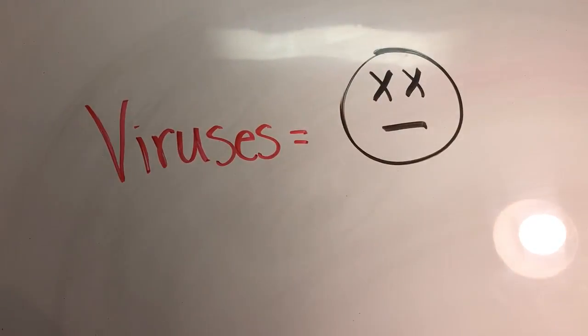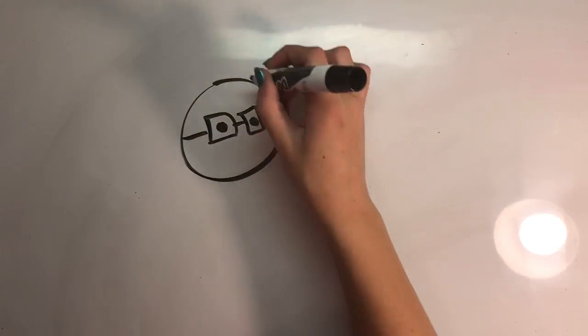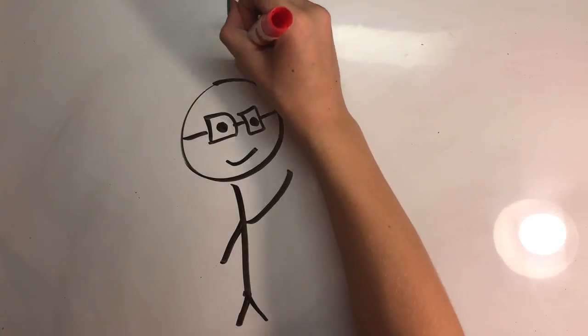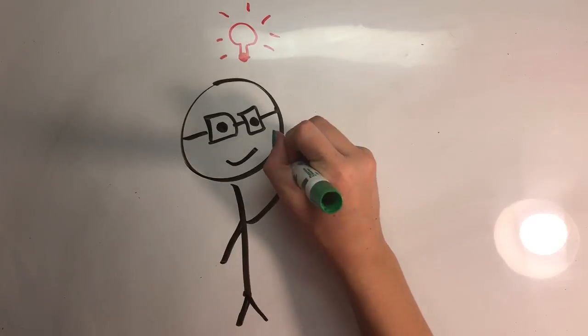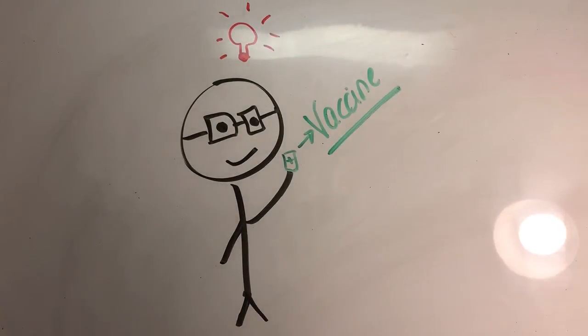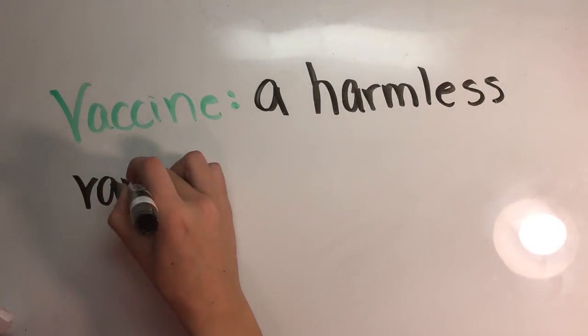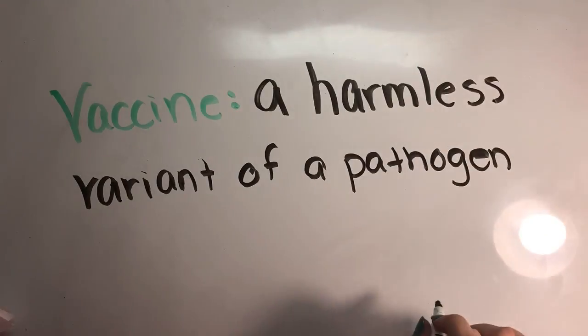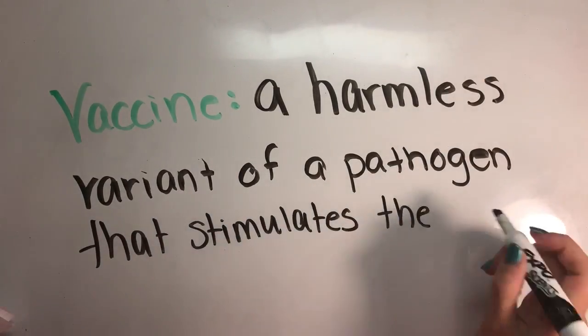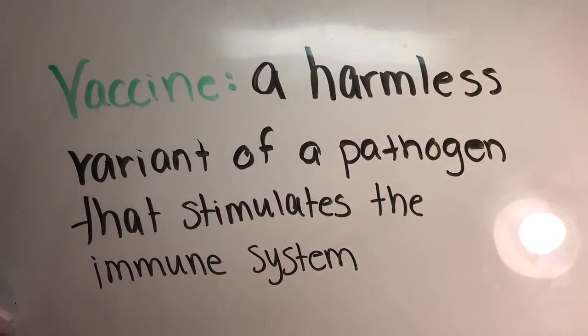Many viruses are very dangerous and can lead to the death of organisms. To prevent this, scientists came up with a medical tool that serves the purpose of preventing viral infections, called a vaccine. A vaccine is defined as a harmless variant or derivative of a pathogen that stimulates the immune system to mount defenses against the harmful pathogen.